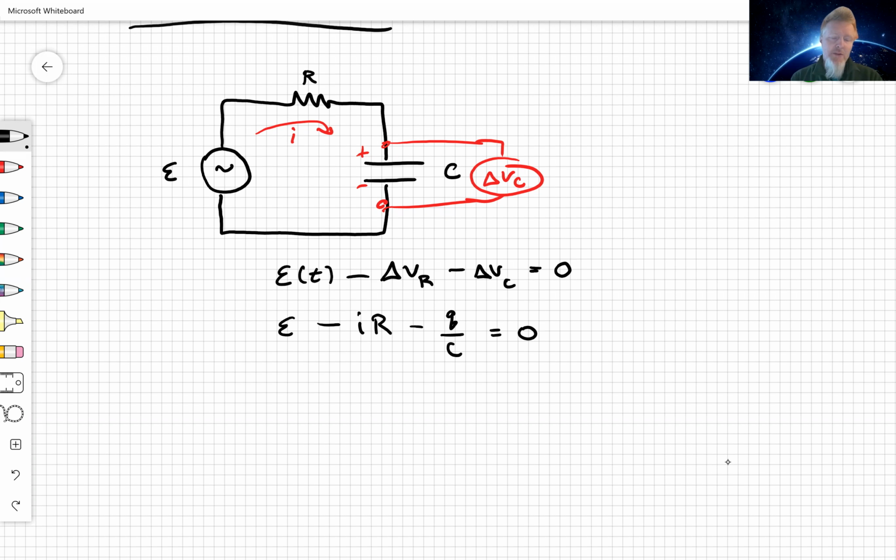So what I can do in this case is take a look at what these voltages are doing. Okay, you know already that I is dq dt. Okay.